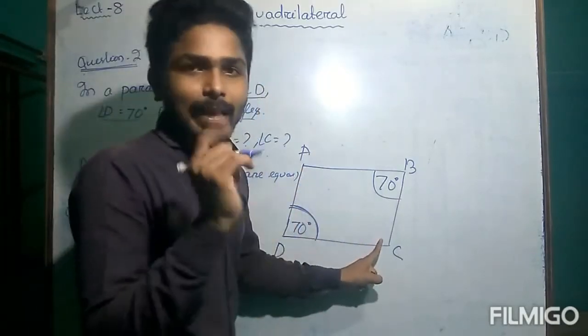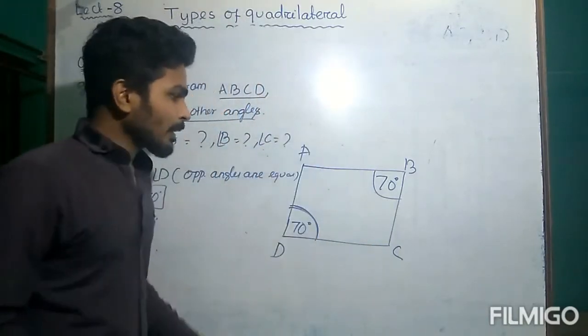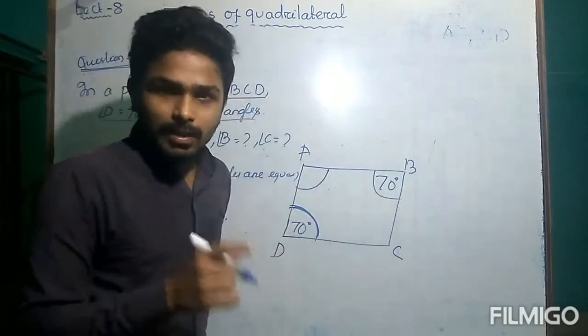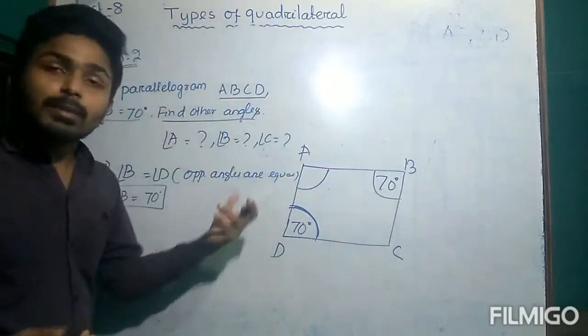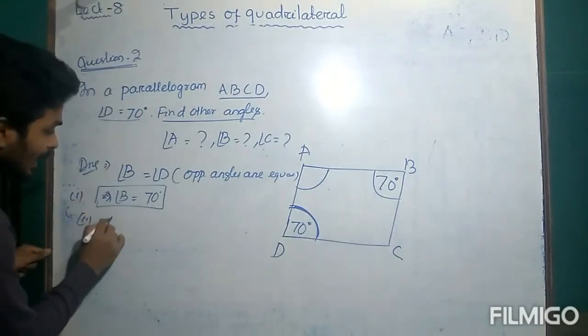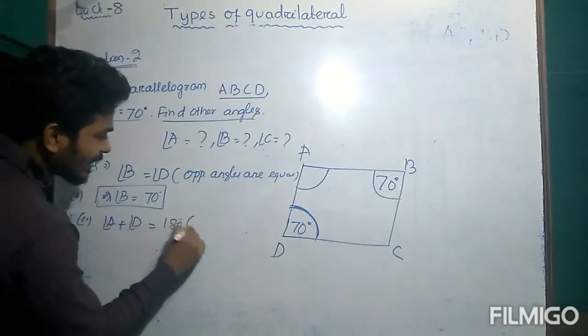Next, A and C are left. If we find angle A, we can easily find angle C, because A and C are opposite. So how do we find angle A? Angle A and angle D are consecutive angles, so the sum of these two angles is 180 degree. Second thing: angle A plus angle D is equal to 180 degree.